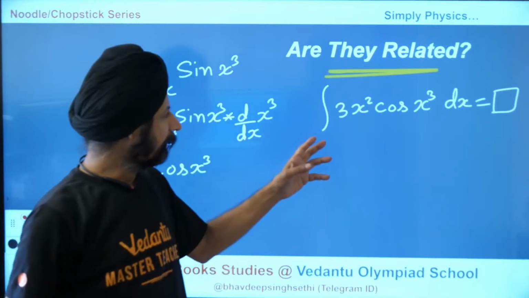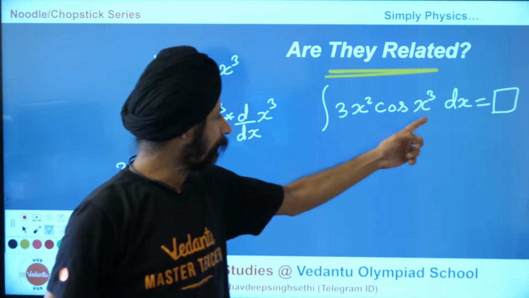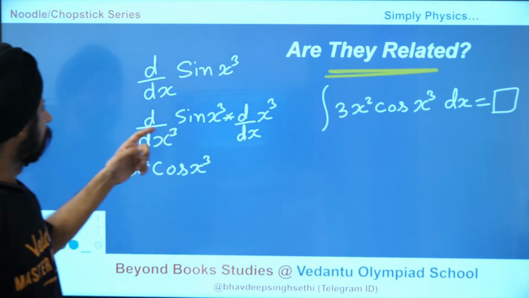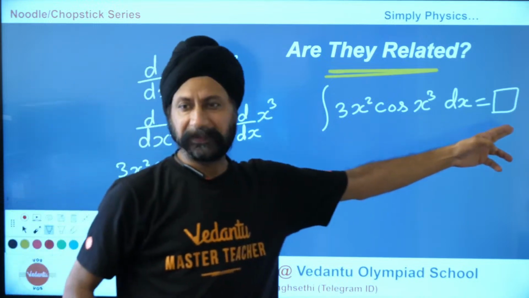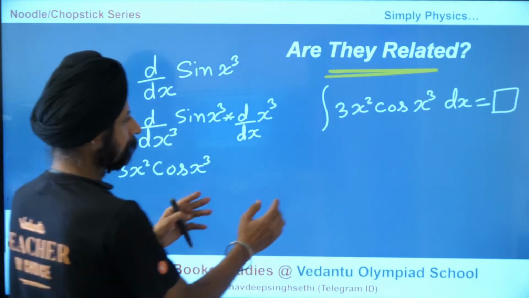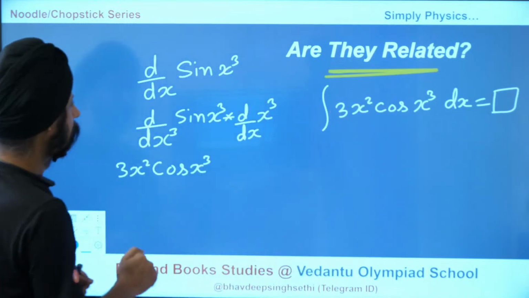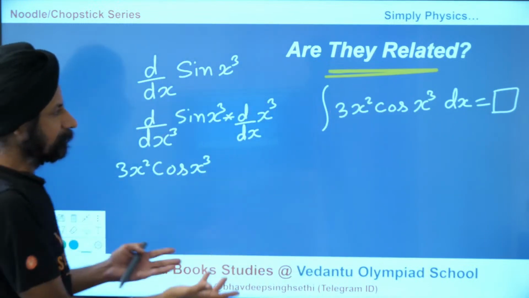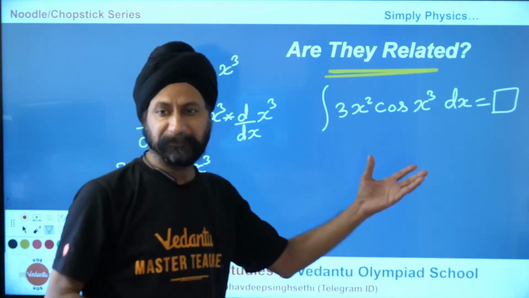But then you realize that box, if you find a differentiation of that, should give you this. But that box is this sine x cubed, isn't it? So the answer has to be sine x cubed, because whatever is the answer, d by dx of that has to be this. But d by dx of this is this. So the answer has to be sine x cubed. So it's just an inverse operation that we are performing here.